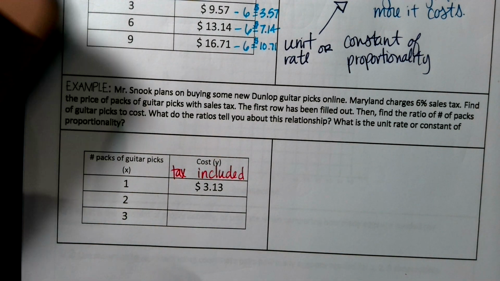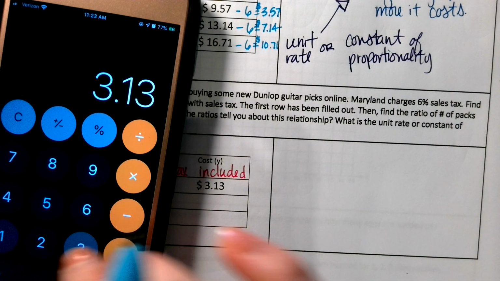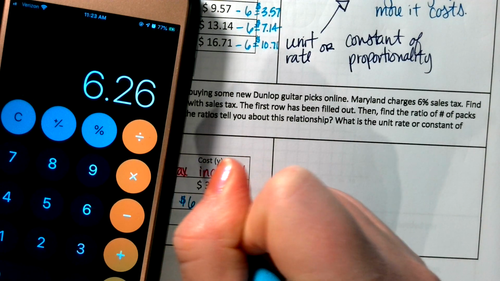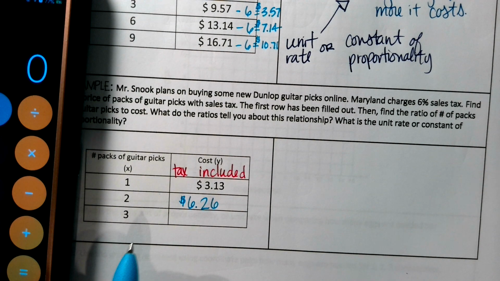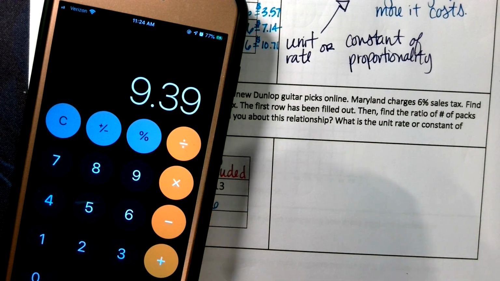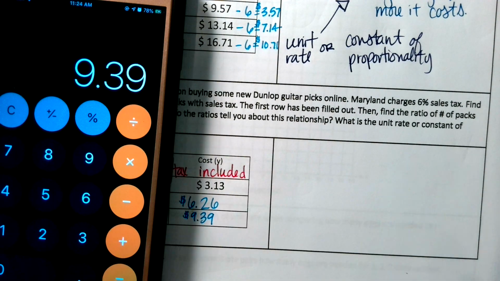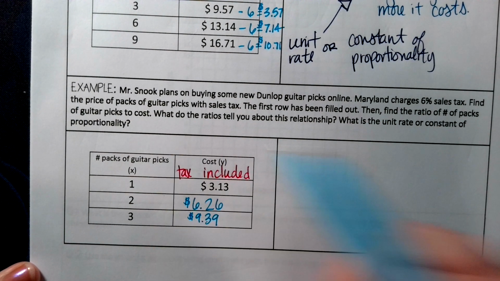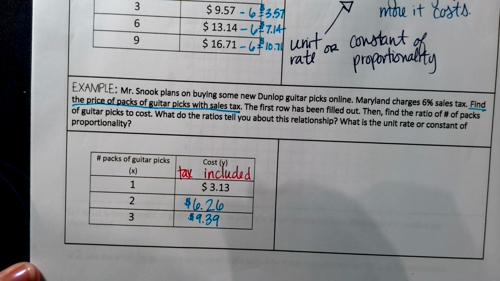I can do that $3.13 times 2. So I see that 2 packs is going to cost me $6.26. And then 3 packs is going to cost me $9.39. So that was us finding the price of the packs of guitar picks with sales tax.